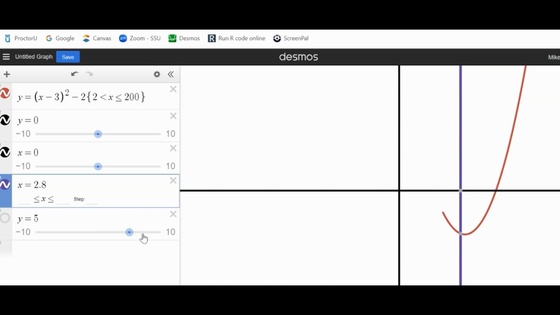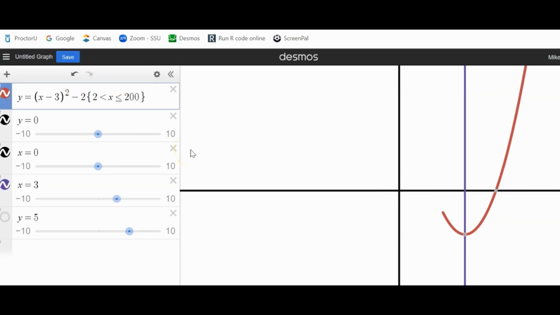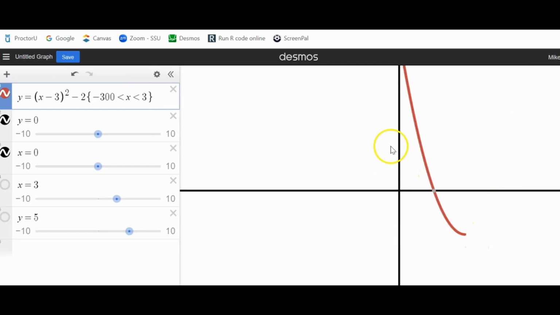We're basically cutting through the vertex of the graph, which is at x equals 3. Now when we cut at the vertex of x equals 3, you can see that we have a graph that passes the horizontal line test on the right side, and it's passing the horizontal line test on the left side, okay?